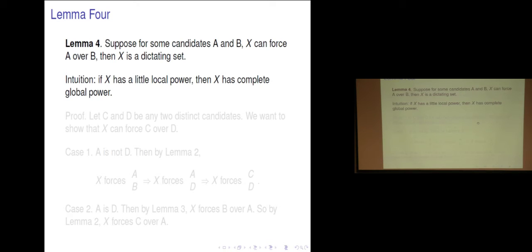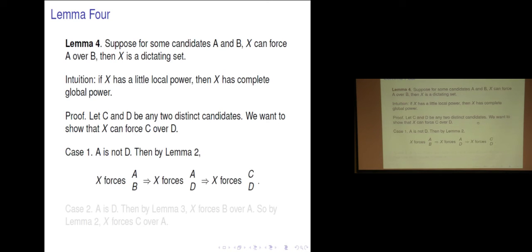So if X can just force this pair, actually X can force anything he wants. Okay, so proof. How do I show X is dictating? Give me any 2. X can put whatever order they want. So give me C and D, any two candidates. We want to show that X can force C over D. This is the meaning of dictating.